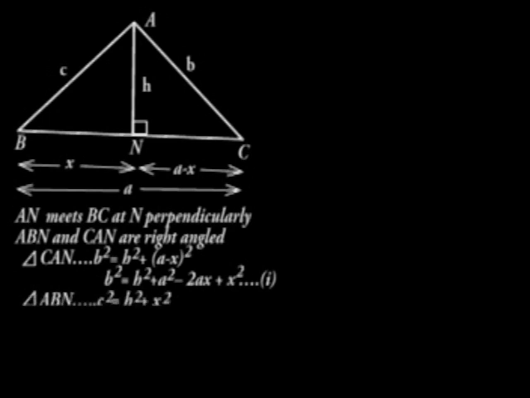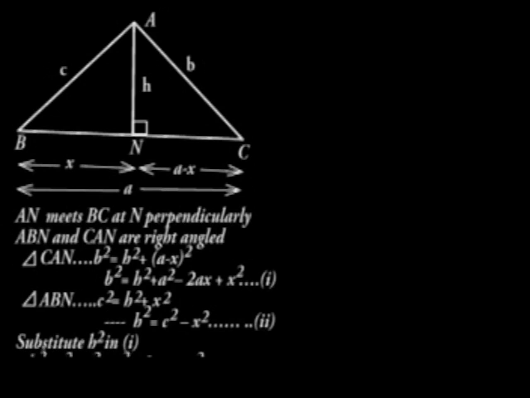Equation 1. Considering triangle ABN, c squared is equal to h squared plus x squared. Therefore, h squared is c squared minus x squared. Equation 2. Substituting h in 1, we have b squared is equal to c squared minus x squared plus a squared minus 2ax plus x squared, which gives us c squared plus a squared minus 2ax.